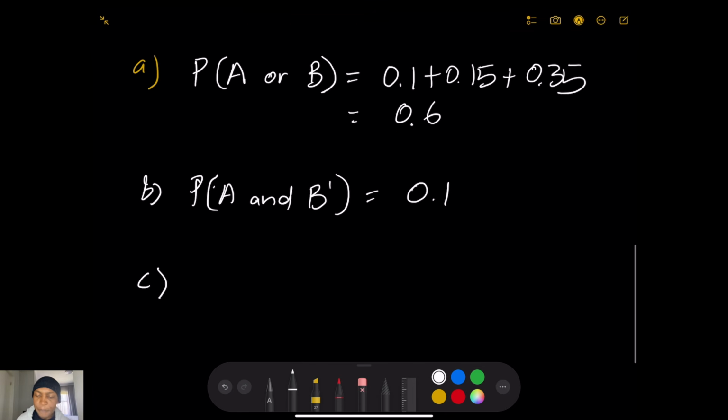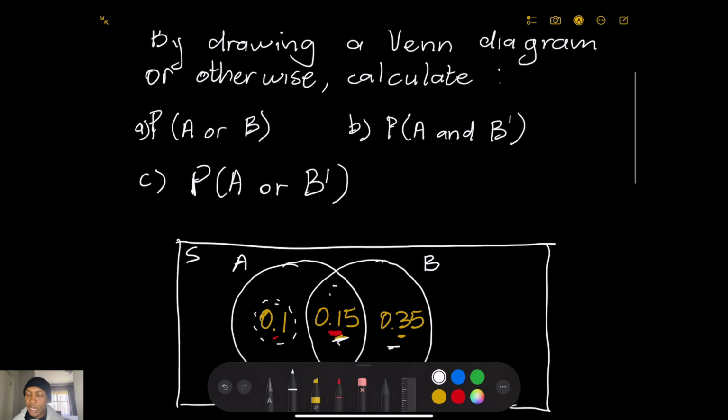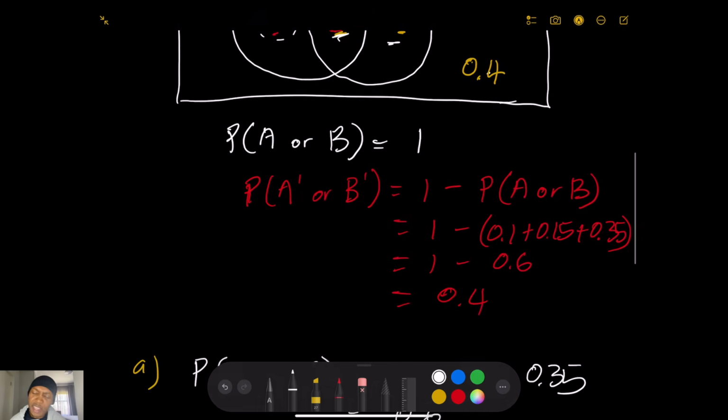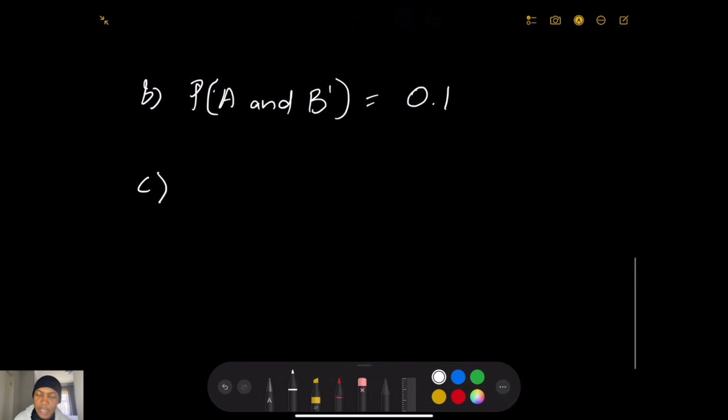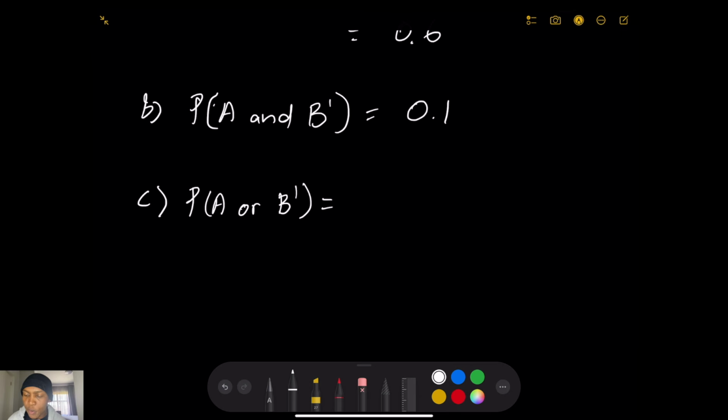And C, in this case, we are looking at the probability of A or not B. Okay, now, of course, there are two ways of doing that. So we're saying the probability of A or not B. All right, now we can either do this logically, or we can just use our formula.